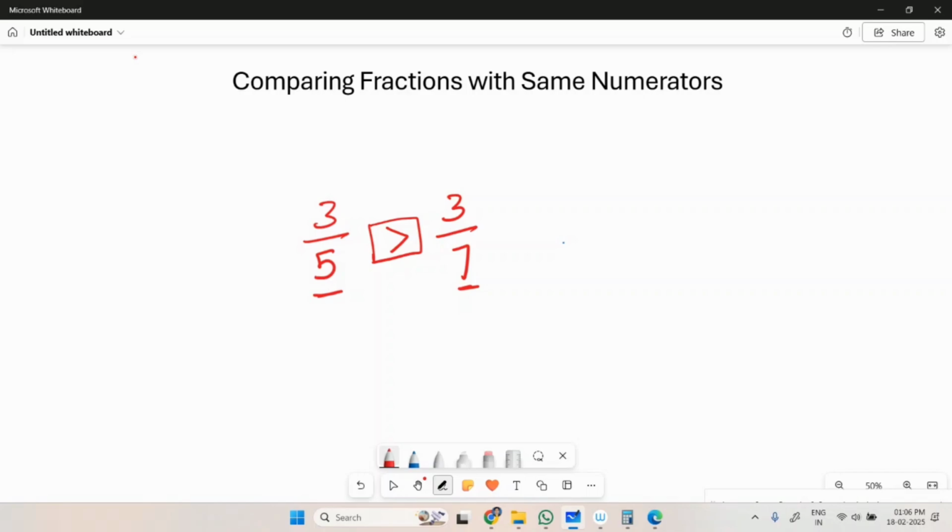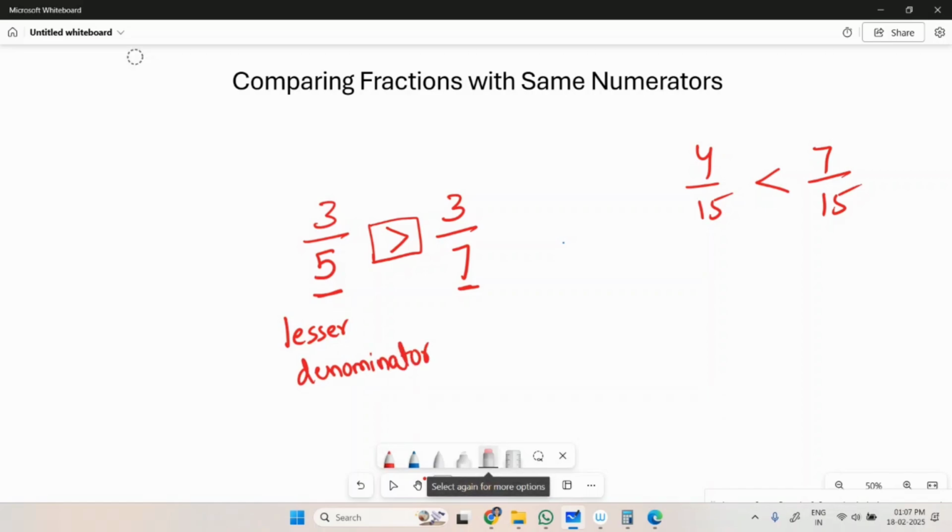What we had seen in the same denominators? 4 upon 15, 7 upon 15. When we compare same denominators, the bigger numerator is the greater fraction. But when it comes to the same numerator, the lesser denominator is the greater fraction.